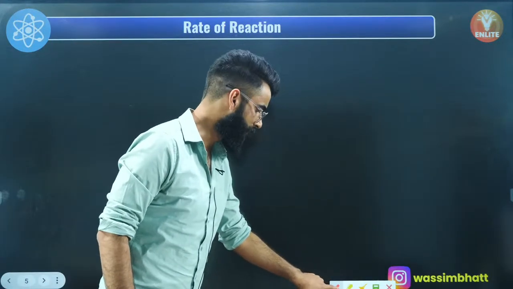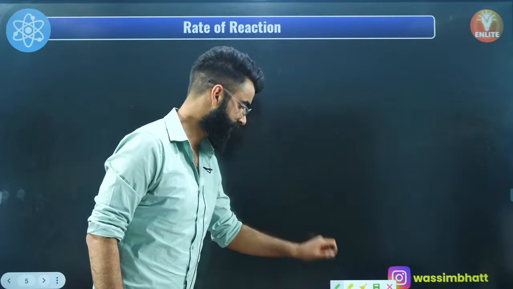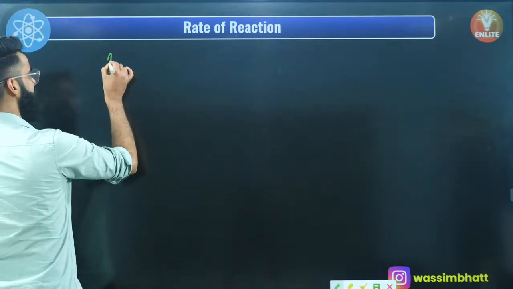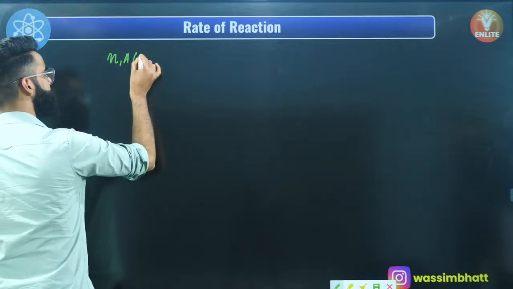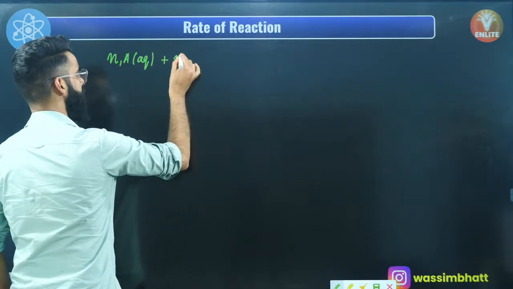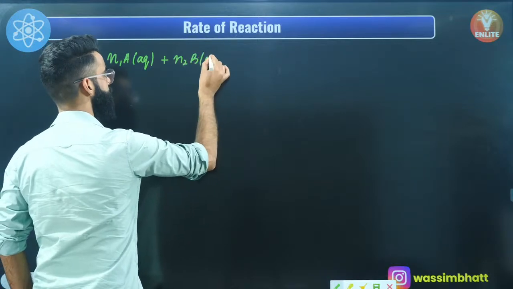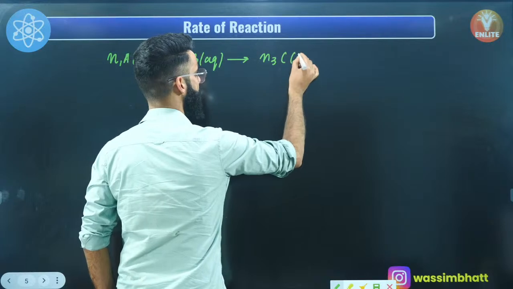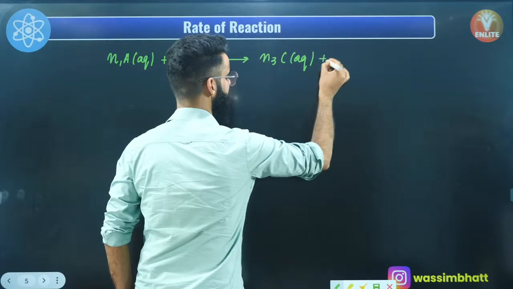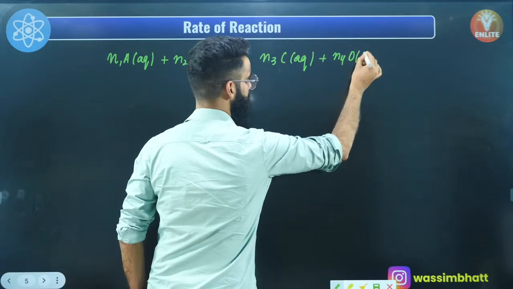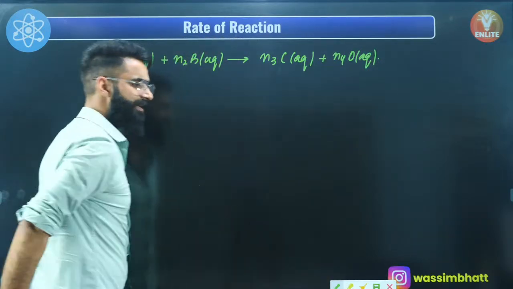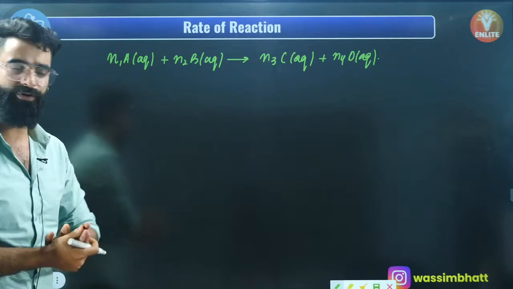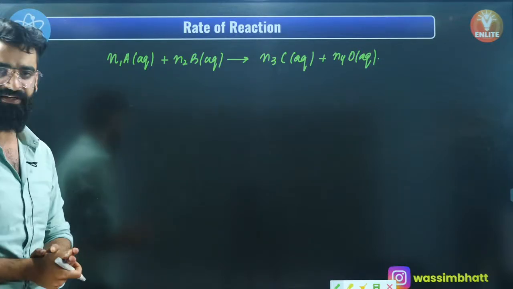I'm writing a balanced chemical equation: N1 A plus N2 B gives N3 C plus N4 D, in which the stoichiometric coefficients of reactants and products are N1, N2, N3, N4 respectively.